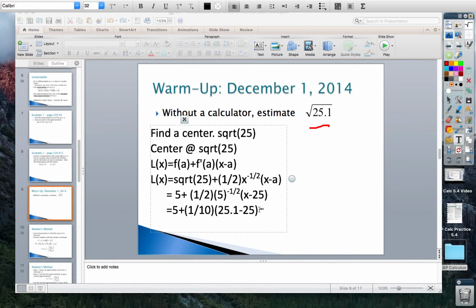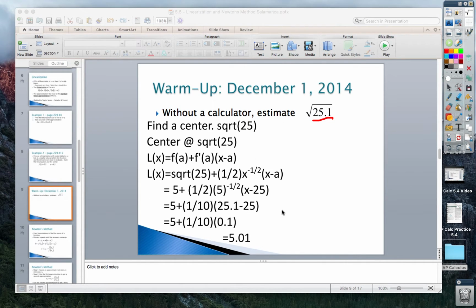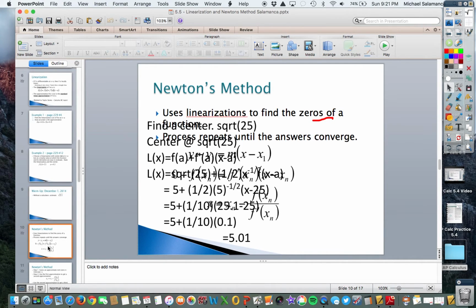Now we get 5 plus 1/10 times 0.1. We end up with 5.01 as our approximate to the square root of 25.1. Again, we're using these as approximations. You're being exposed because really we could just do this on our calculator.